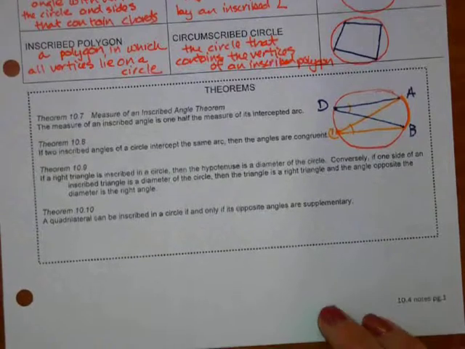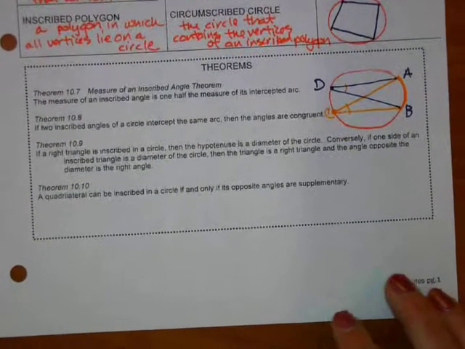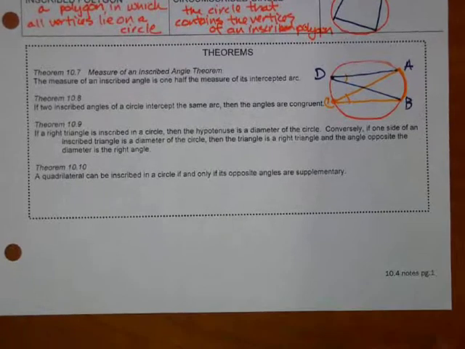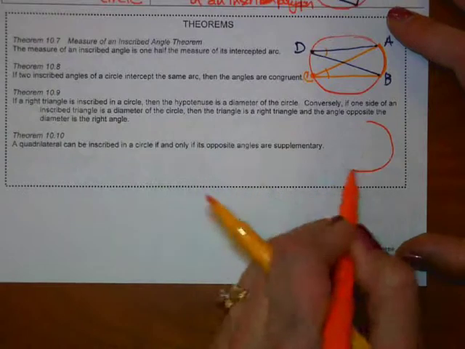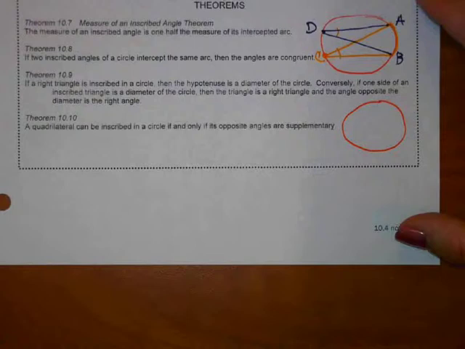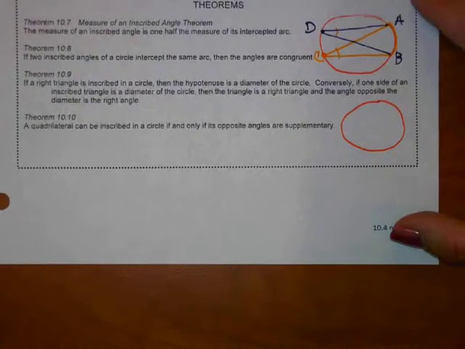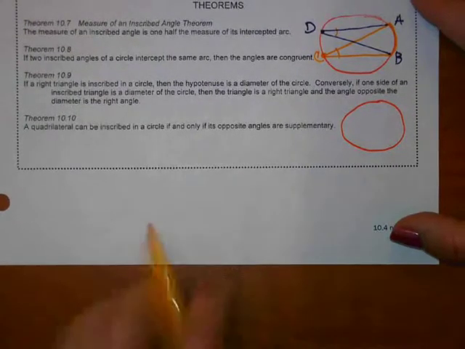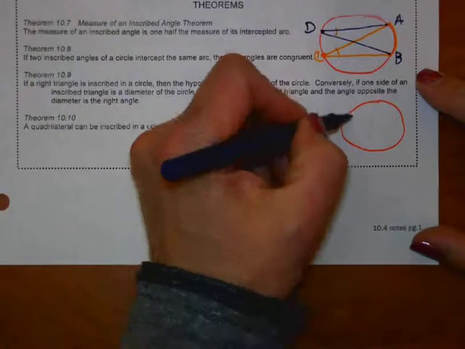Yeah. If a right triangle is inscribed in a circle, then the hypotenuse is a diameter of the circle. That's the only way it would work. So let's draw another circle. So if we have a right triangle inscribed in this circle, so I'll draw a right triangle here.